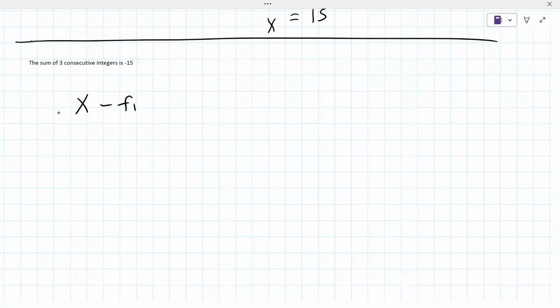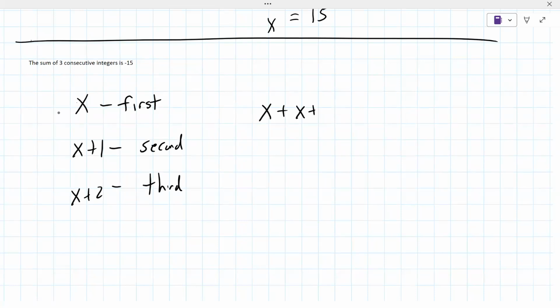You can give it a lot of description. You just say this first. How about the next one? X plus 1. Good, that's the second. And then X plus 2. That's the third. So you have x plus x plus 1 plus x plus 2 equals negative 15. Will you try to solve this for us, please?